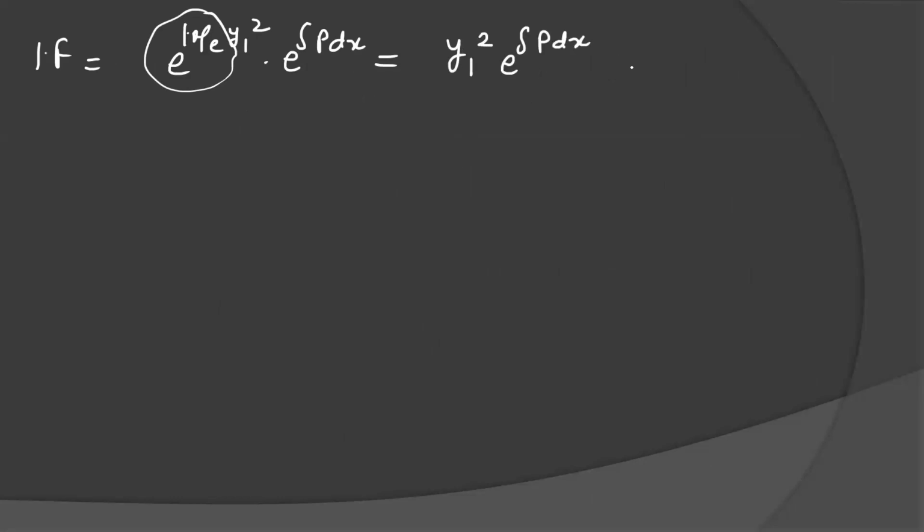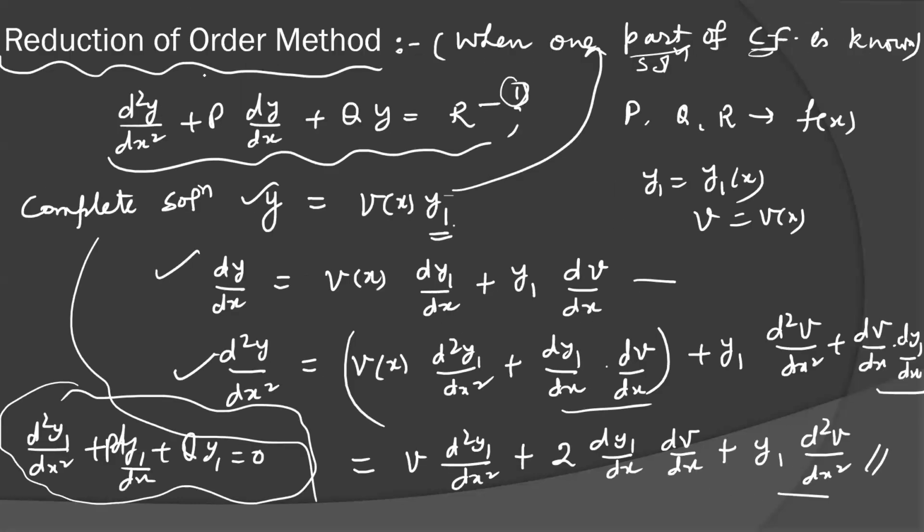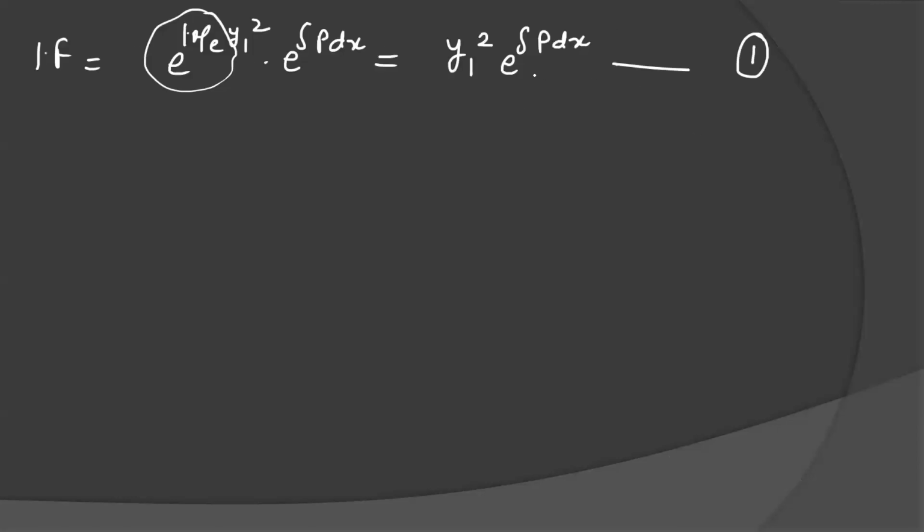So this is the integrating factor. You can remember this formula and apply it directly. How can you apply? Just compare every differential equation to this differential equation, find y1, and after finding y1 you can directly find the integrating factor.